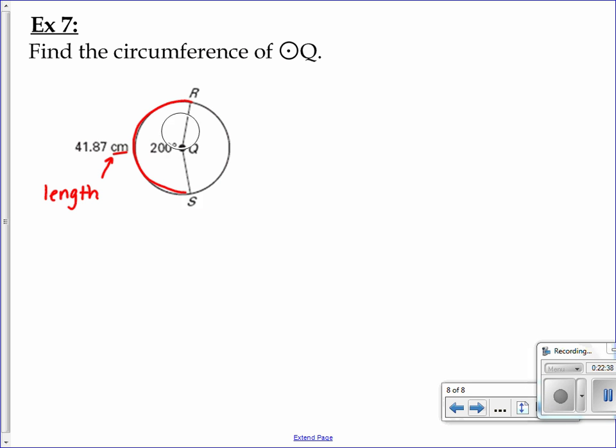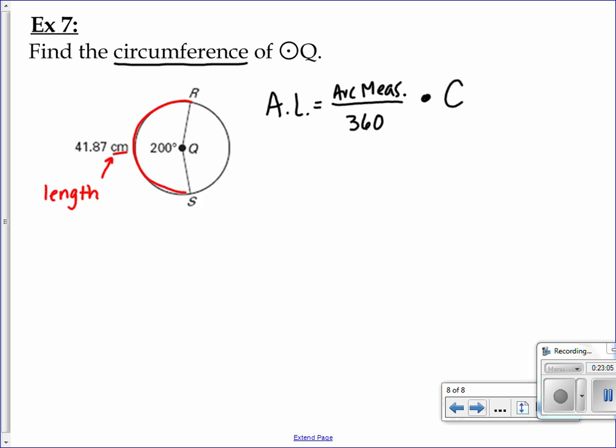So we know the arc measure. We're looking for the circumference. So let's write out the formula. Arc length equals arc measure over 360. And I'm just going to put a big old C here. That's what we're looking for.